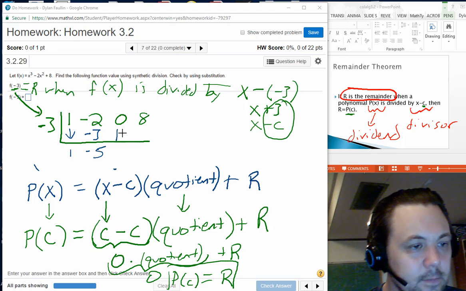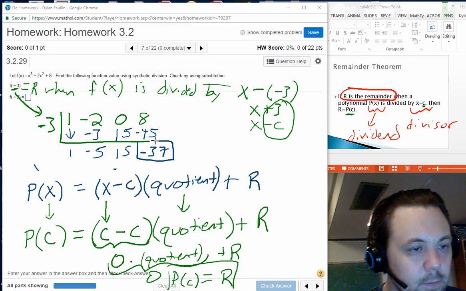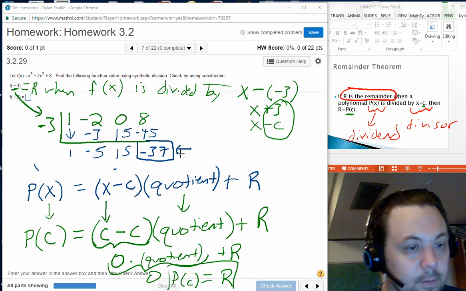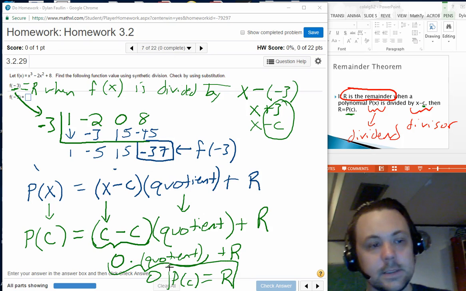Negative 5 times negative 3 is positive 15. You add these together, you get 15. 15 times negative 3 is negative 45. You add these together, you get negative 37, which is your remainder, which is all that I was interested in finding. So this is what f of negative 3 is going to equal. It's going to equal negative 37.